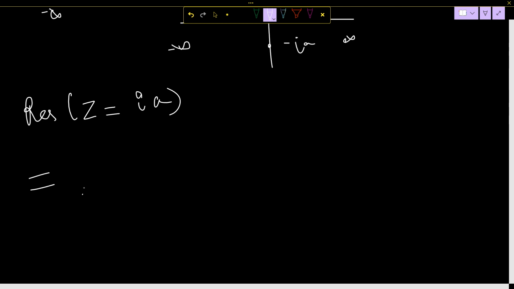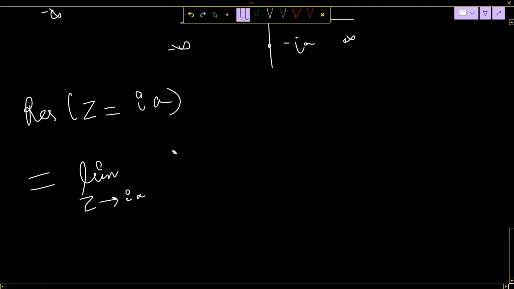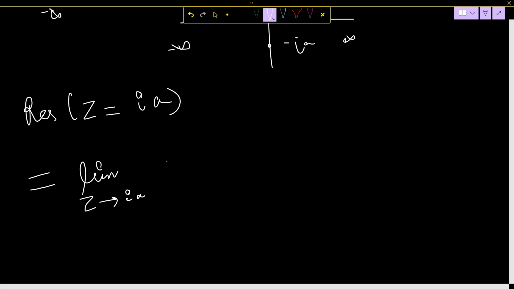It is equal to limit z tends to ia of z minus ia whole into e to the power iz divided by z minus ia into z plus ia.